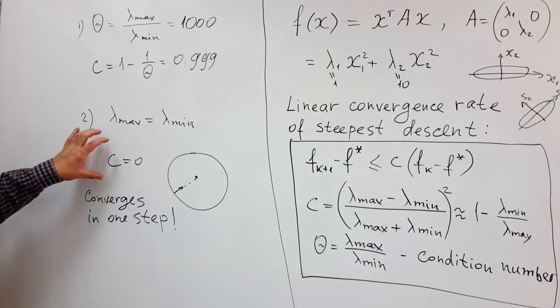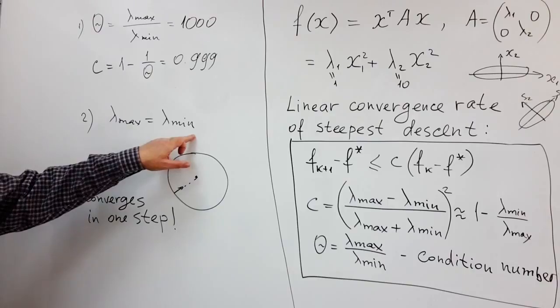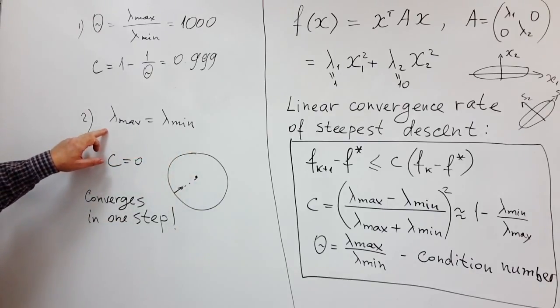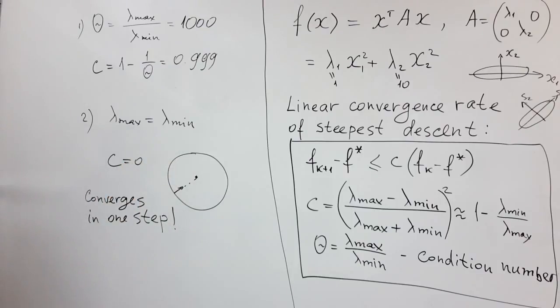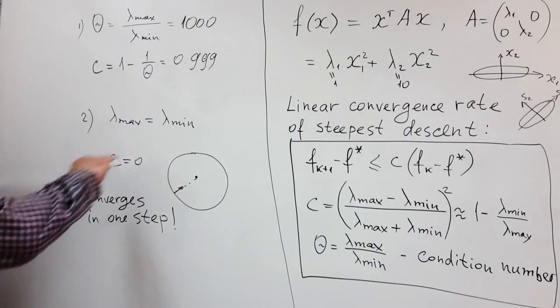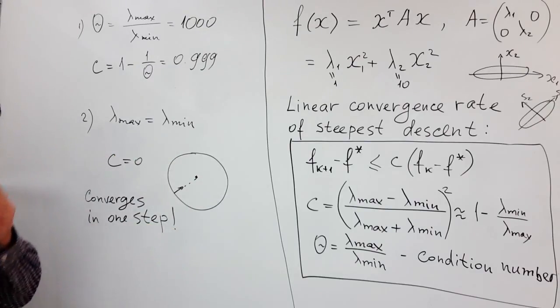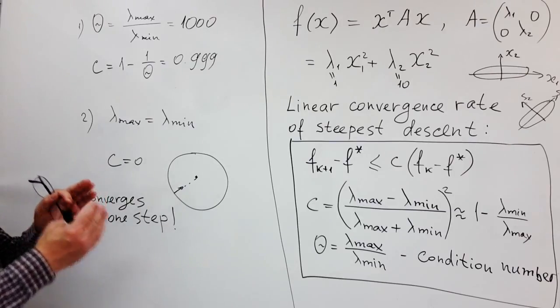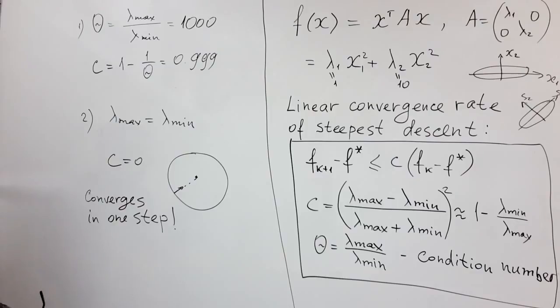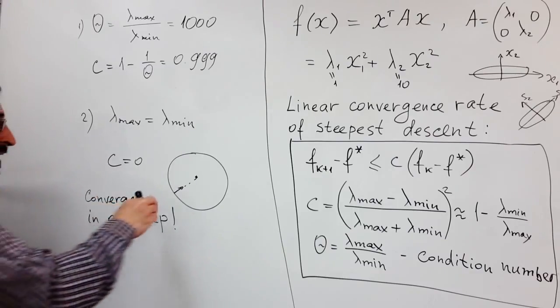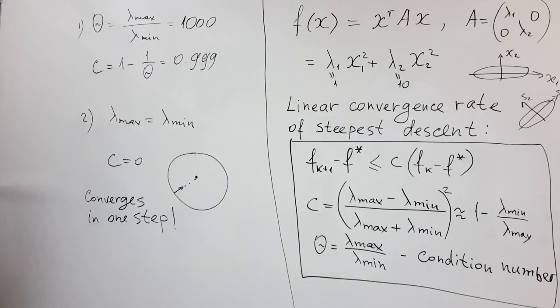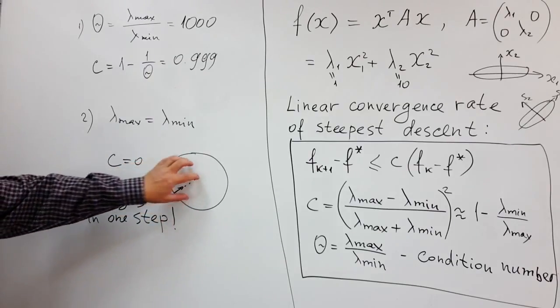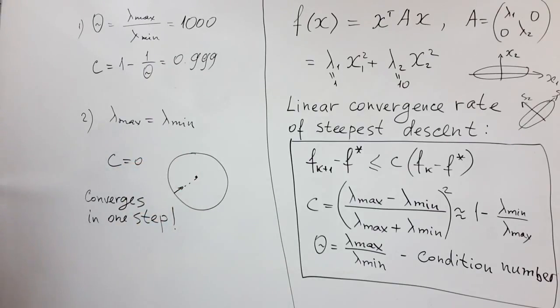On the opposite side, consider the situation when lambda max is equal to lambda min. It means that all eigenvalues of the matrix are the same, and actually our matrix is proportional to the identity matrix. And in this case, the level lines of our function will be spheres, or circles in the two-dimensional case.